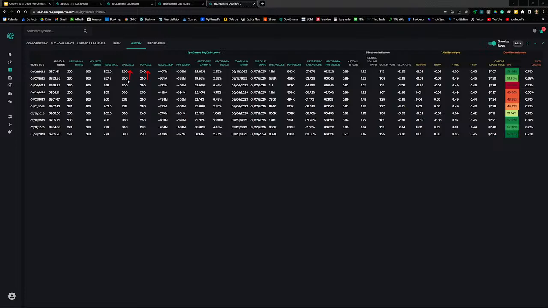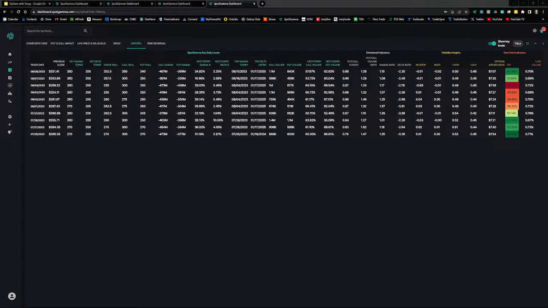So we'll keep an eye on this tomorrow and see if these levels shift, keeping in mind that the order flow and hedging flow for right now for Tesla are positive.